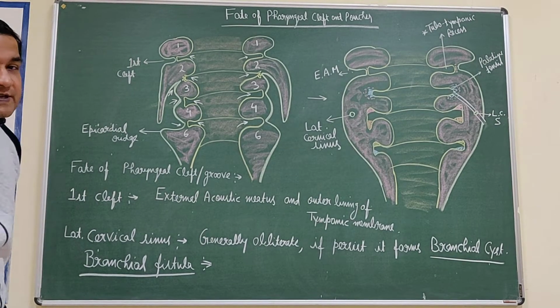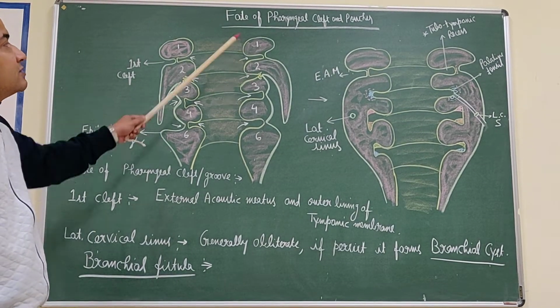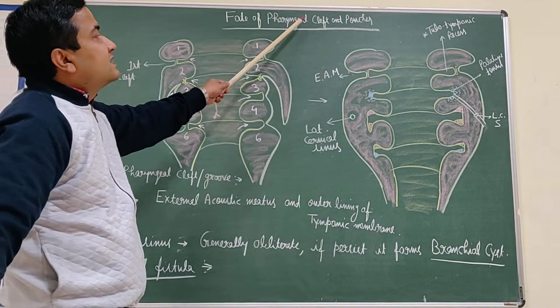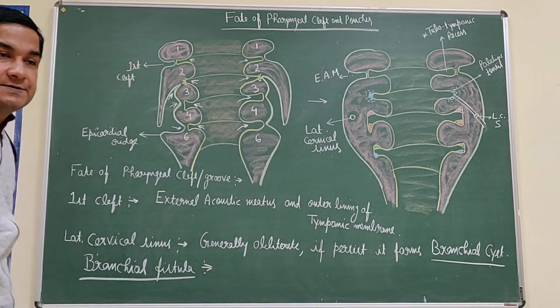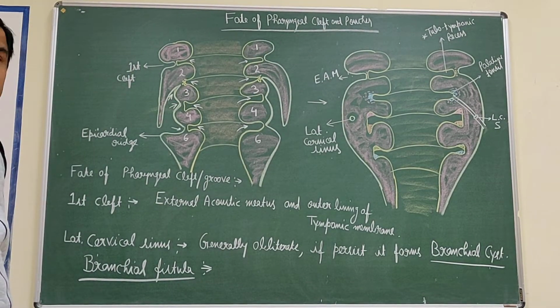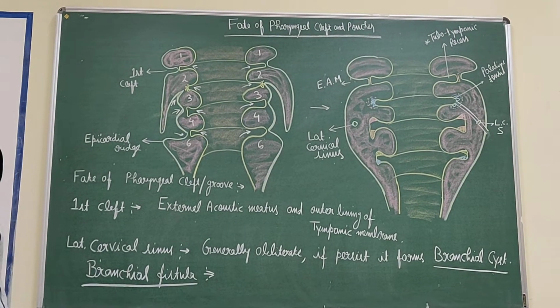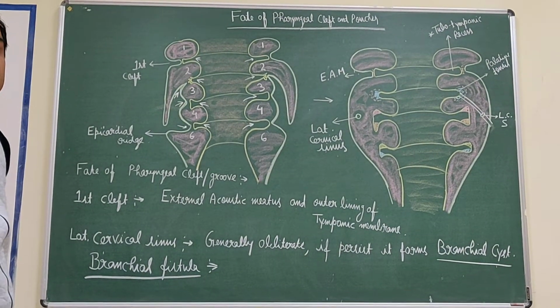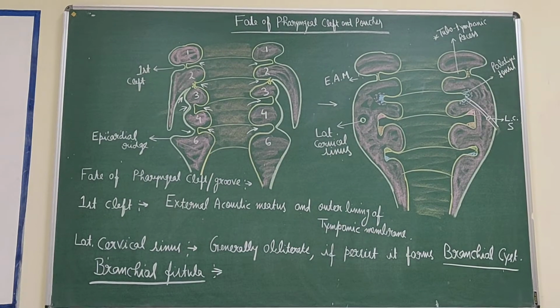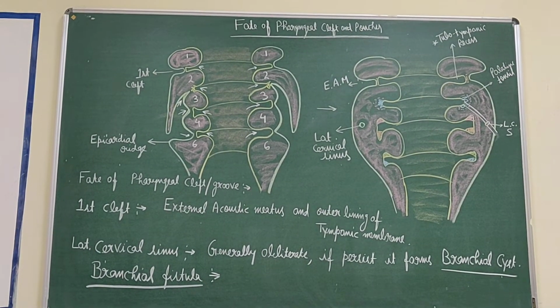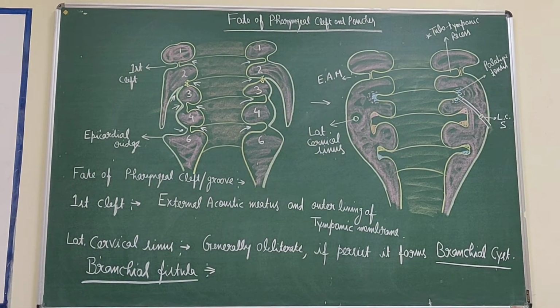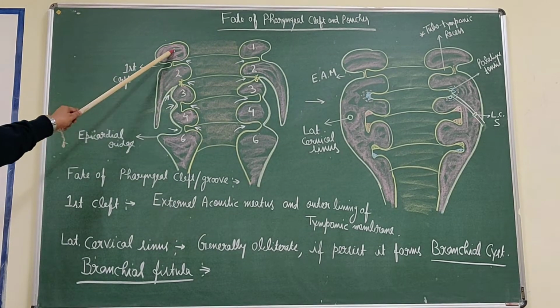Now today we will discuss the fate of the pharyngeal cleft and the pouches. In the previous class we discussed the pharyngeal apparatus. This pharyngeal apparatus consists of pharyngeal arches.